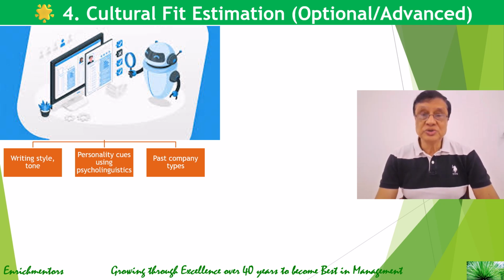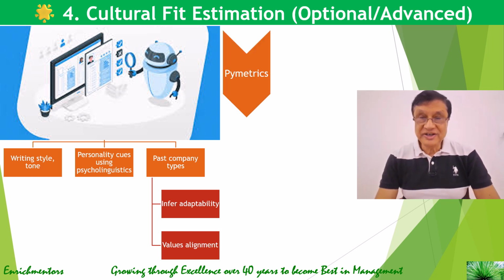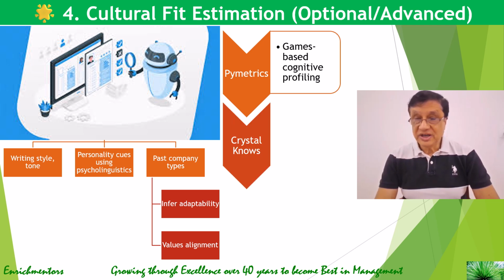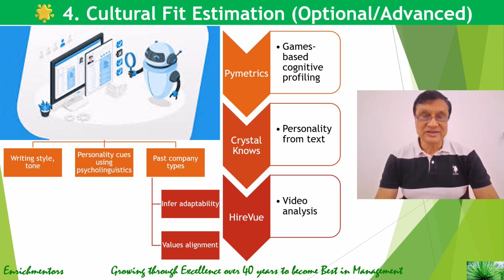Tools for cultural fit estimation include Pymetrics, which uses game-based cognitive profiling, Crystal Knows, which picks up personality from text, and HireVue, which does video analysis, as we talked about in the Unilever case study. So that's how cultural fit estimation happens by AI.